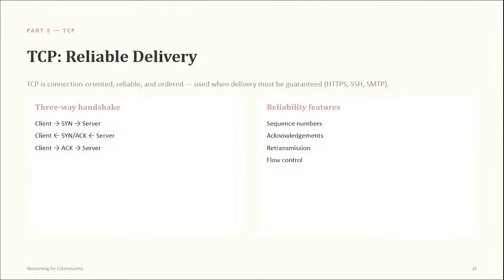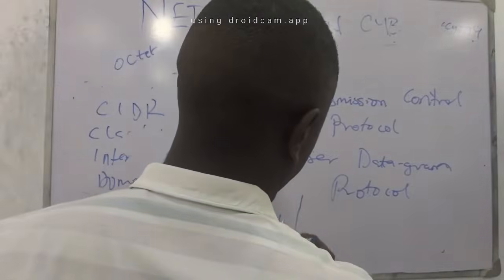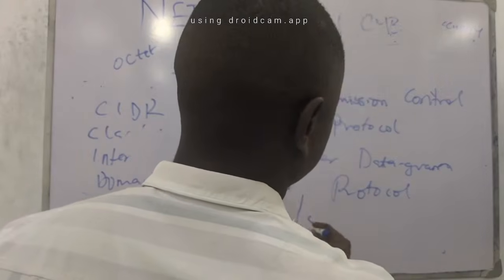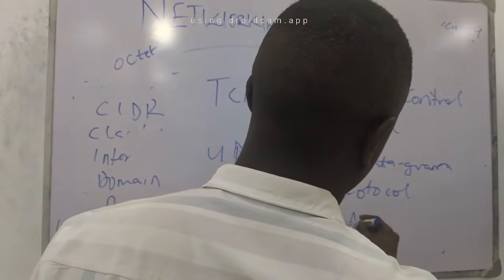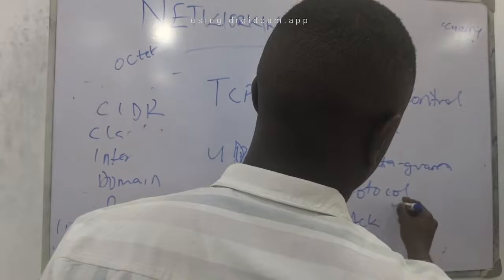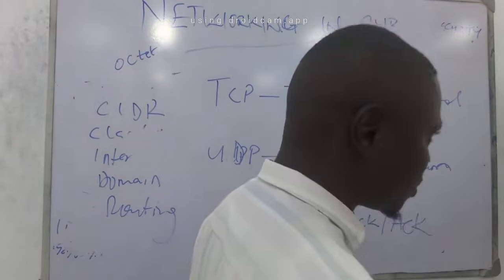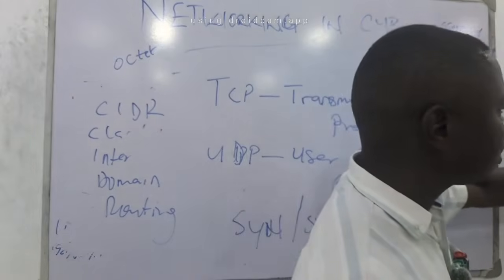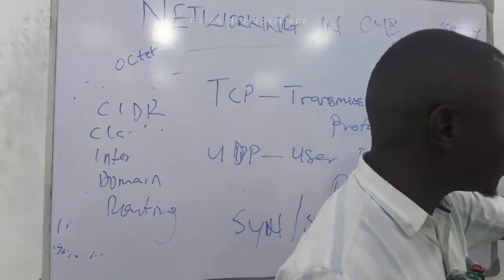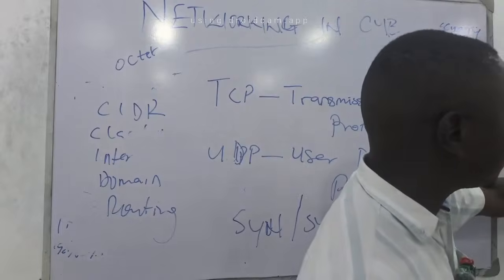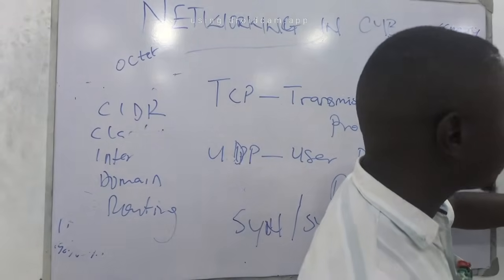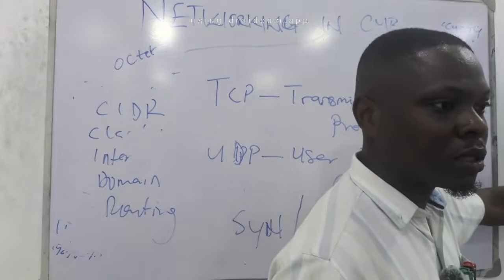The three-way handshake is SYN, SYN-ACK, and ACK. The client, which is the sender, synchronizes and sends to a server. The server synchronizes and acknowledges and sends back to the client, and the client acknowledges it.